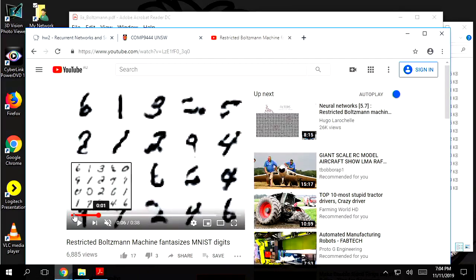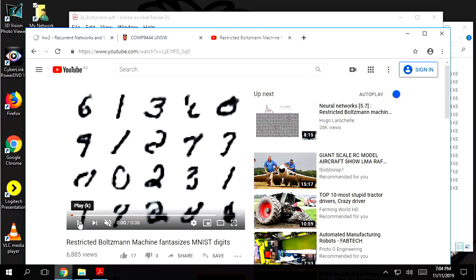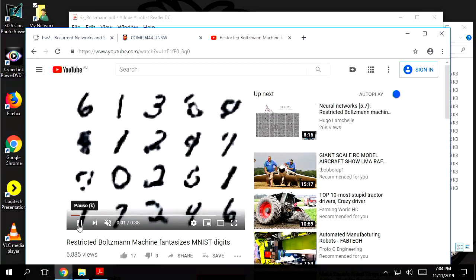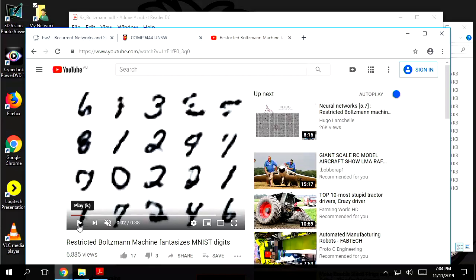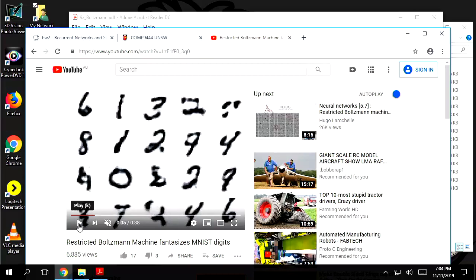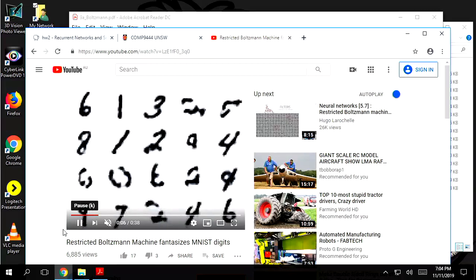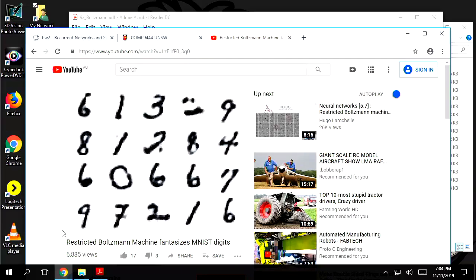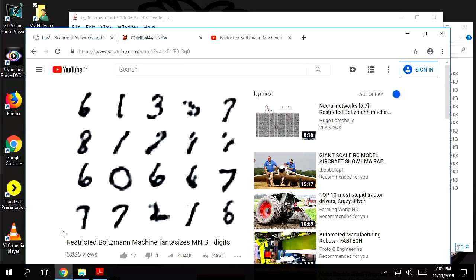But this was sort of from Geoff Hinton's lab. This is a network. It's fed these MNIST images, these digits from the Canadian Postal Service that we looked at before in terms of classification, but the system here, after looking at all of these digits, is trying to make up sort of phantom digits, right?